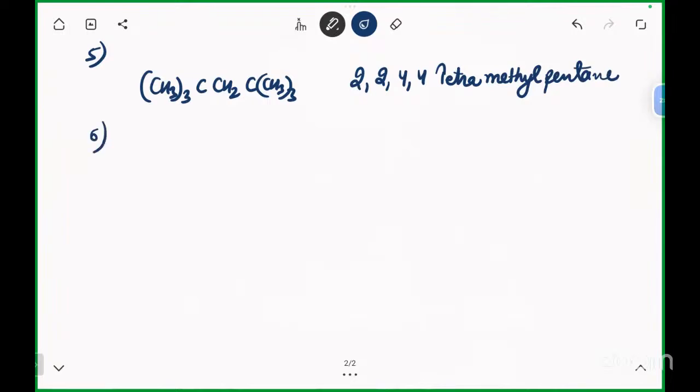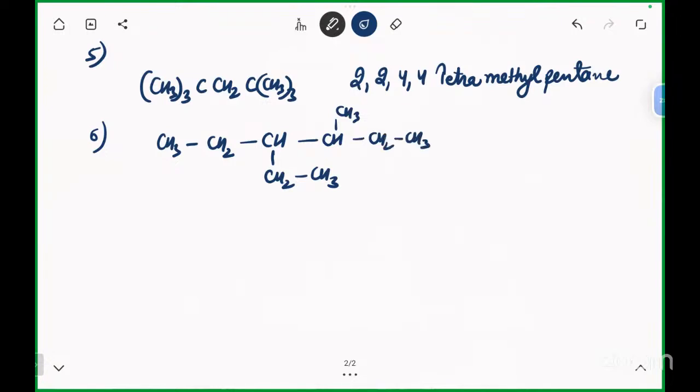Next example we can take CH3 CH2 CH single bond CH2 single bond CH3 CH over CH3 single bond CH2 single bond CH3. Now how will you do the numbering? You'll do the numbering from the side where the side chain is nearer, and you have to name according to alphabetic order. From the right side, the numbering will be 1, 2, 3, 4, 5 and 6. On the fourth position we have an ethyl group, on the third position we have a methyl group.